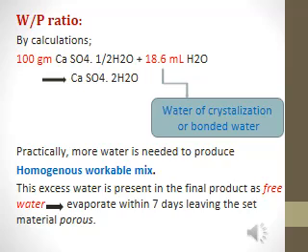This free water by time evaporates and leaves the set material porous. So you will find that the model is porous, because this excess water evaporates, and this takes within 7 days, leaving the cast or the model with a porous structure.